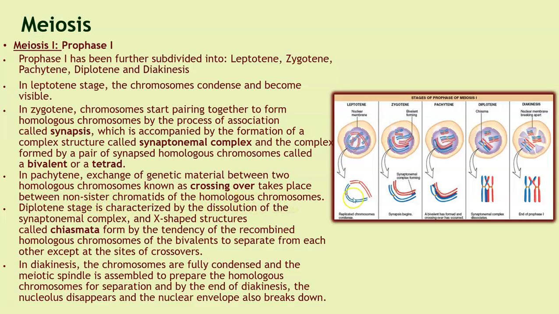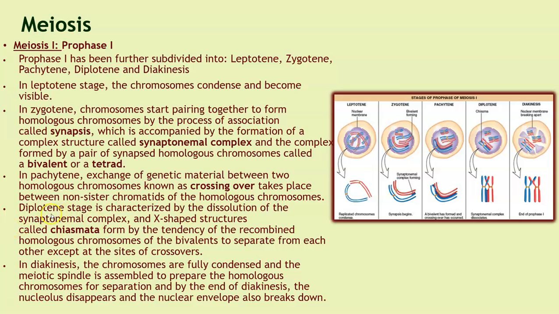Non-sister chromatids are the 2 different chromatids which belong to 2 different chromosomes. Now, why is this stage very important? This is the stage which brings about change in the genetic makeup. It alters your genetic makeup. It introduces variation.